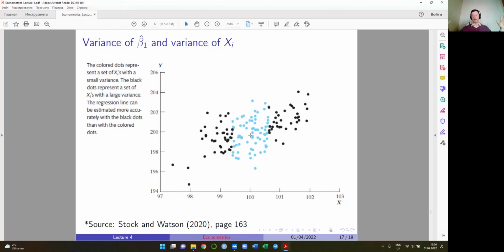If you take a wider range of x values, like from here to here, then the precision is going to be larger. So this is what we want from the data.